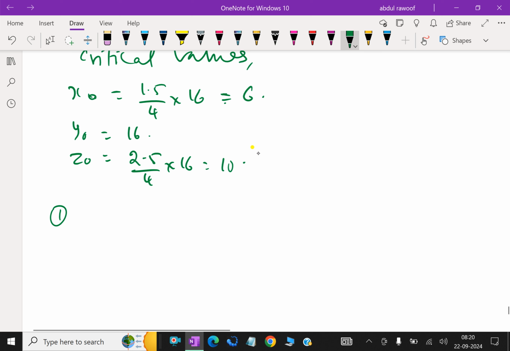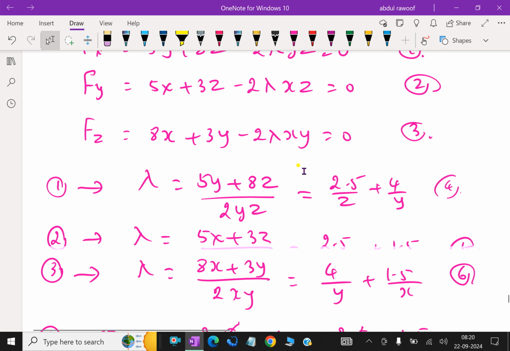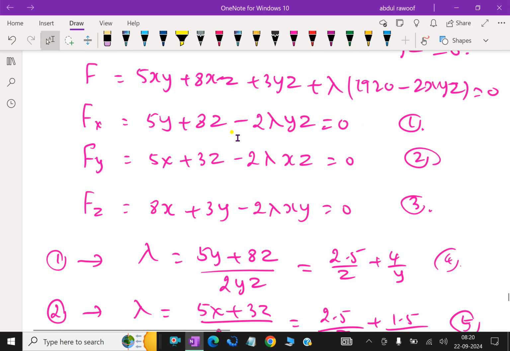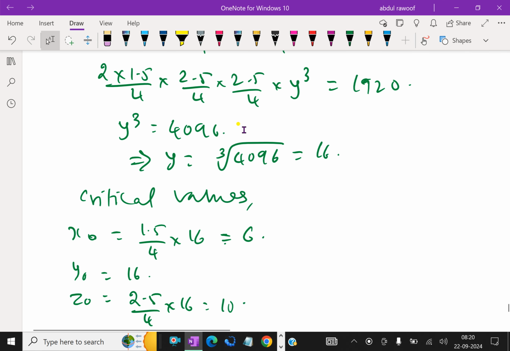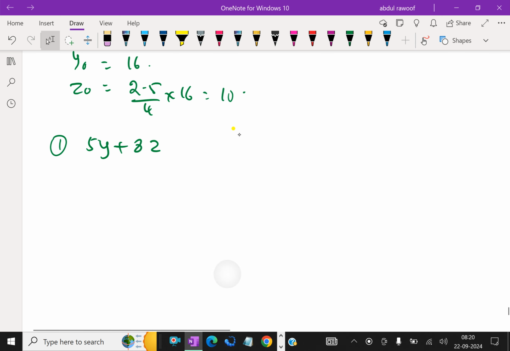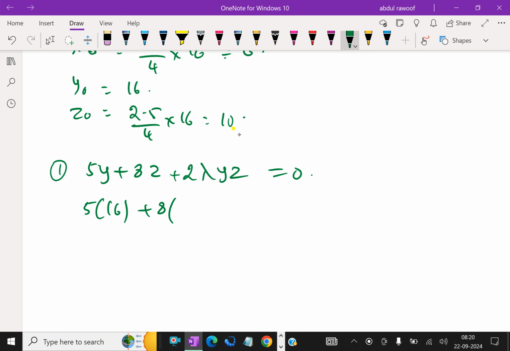From equation 1, substituting the values, 5 into y is 16 plus 8 into z is 10 plus 2 lambda, y is 16 and z is 10.